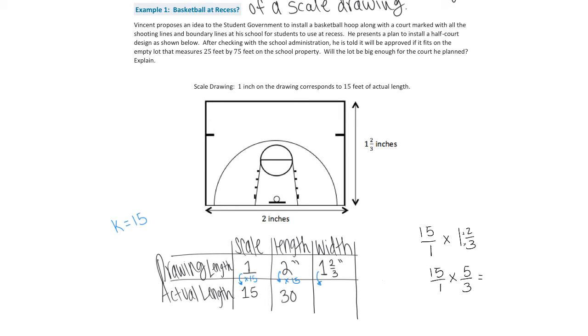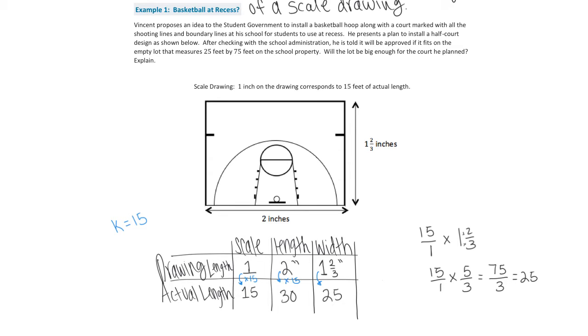Now, go ahead and calculate in your calculator 15 times 5. All right, you should have got 75, and then 1 times 3 is 3. Now, if we take 75 and divide it by 3 on our calculator, we will get 25. So now our width is going to be 25.